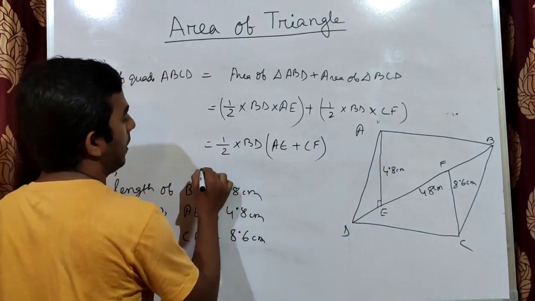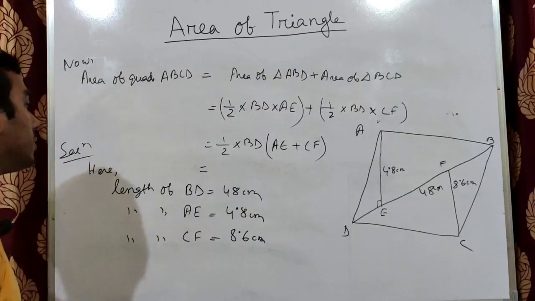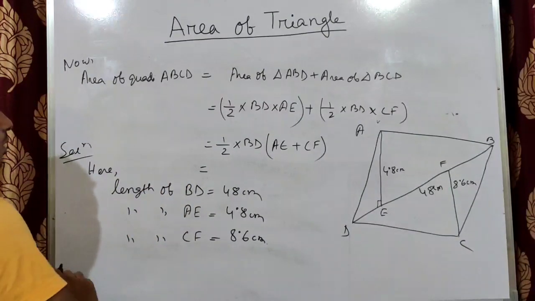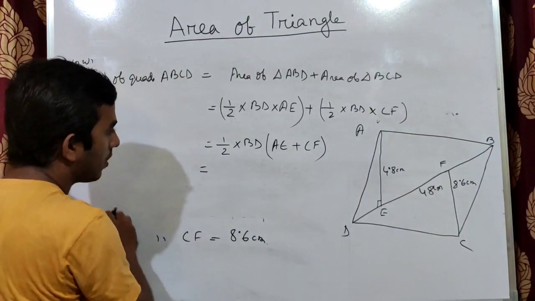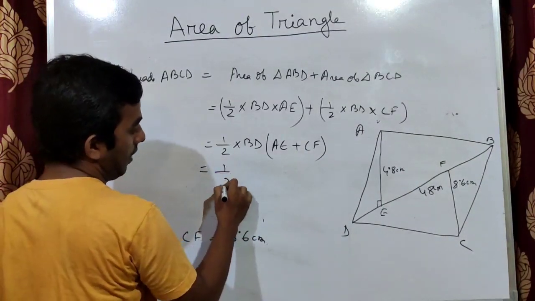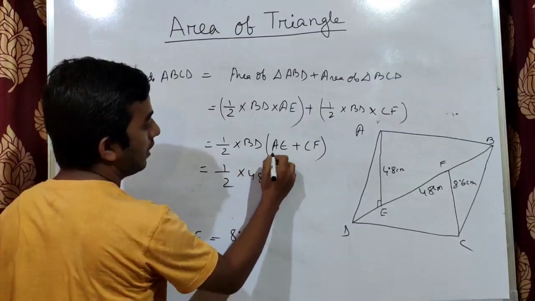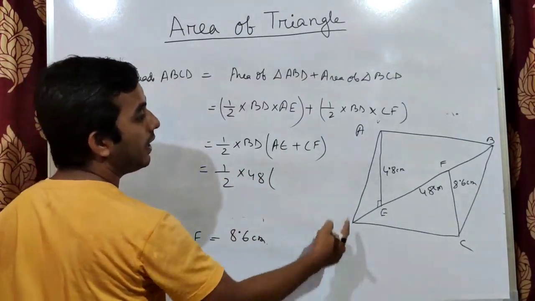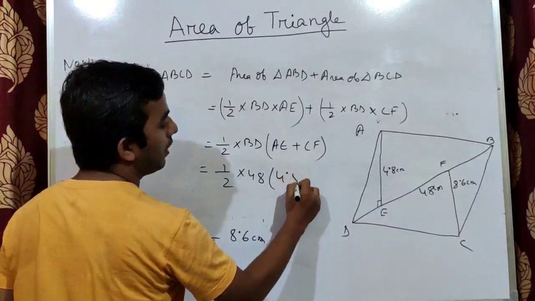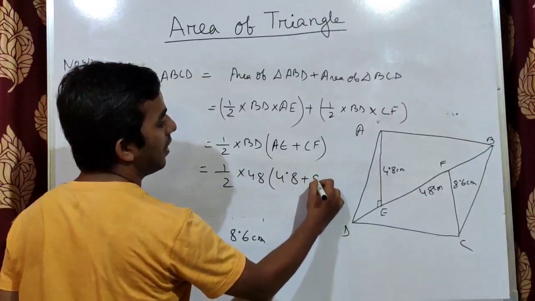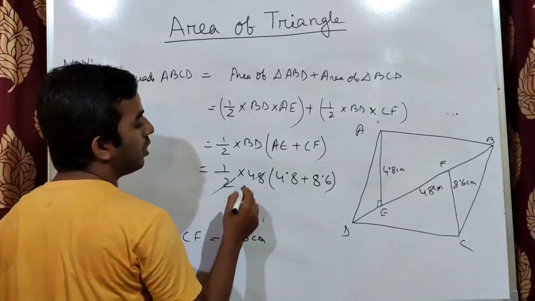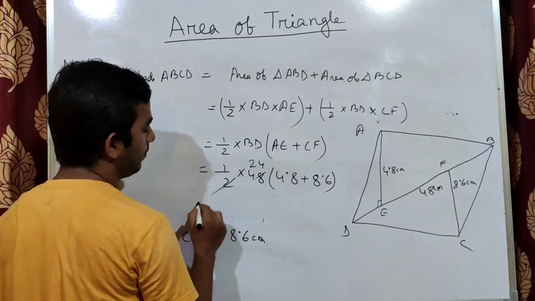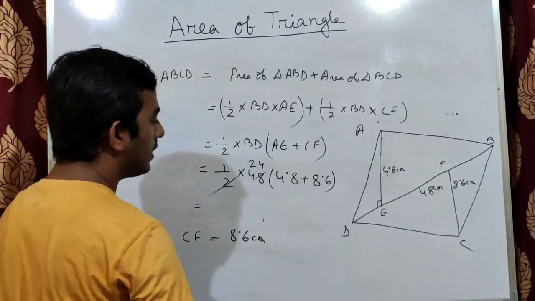Clear? Okay. Now we will substitute the values. Length of BD is 48 centimeter, so we will write half into 48, then in brackets, length of AE is 4.8, plus length of CF is 8.6. So we will cancel 48 with 2. It will be 24. I hope this is clear, right?